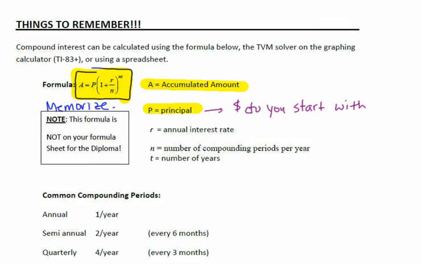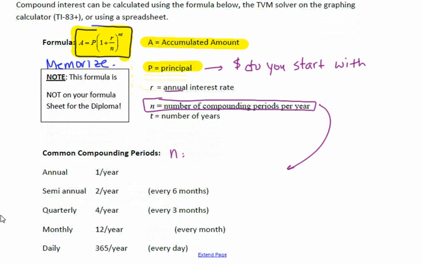R is our annual interest rate, R for rate. N is very important, the number of compounding periods per year. If it's annually, it's 1 per year; semi-annually, twice per year; quarterly, 4 times a year; monthly, 12 times a year; daily, 365 times per year. And then T is the number of years.